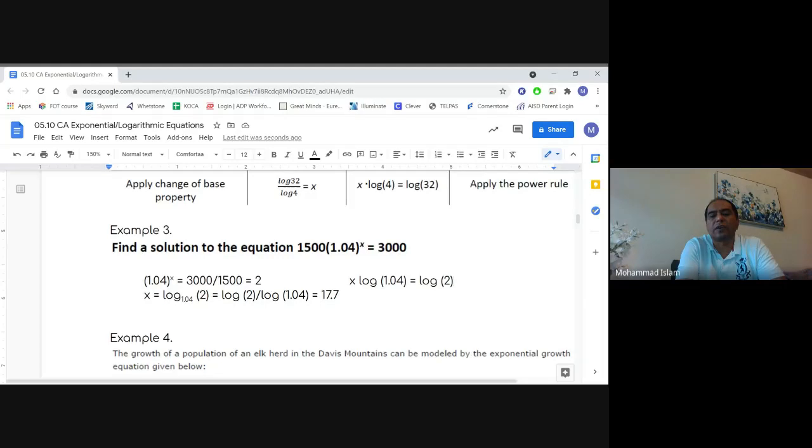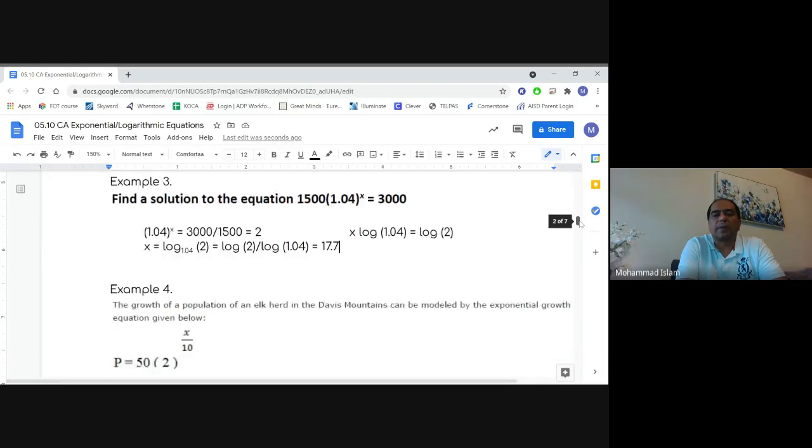X is equal to log of 2 divided by log of 1.04. I use my calculator to find these logs, and then I get my final answer, 17.7. Okay, so this is how you do it. It's again an example of an exponential problem that you solve for x.